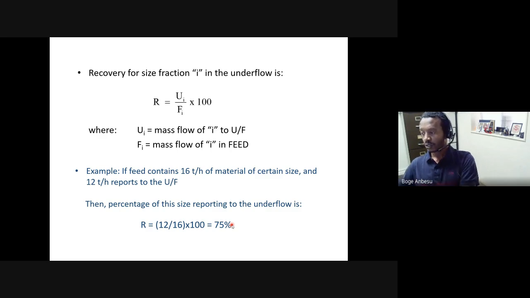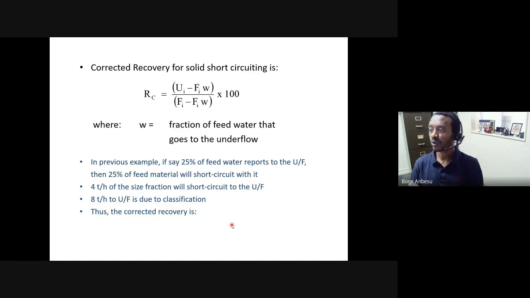Okay. So again, that 25% went to the overflow or the fine portion because it wasn't really classified. It wasn't impacted by the forces inside the cyclone. So if I wanted to obtain a rough idea of actually how much of it is recovered in the underflow because of the actual classification happening, then I need to calculate that from whatever fraction of water has gone to the underflow.